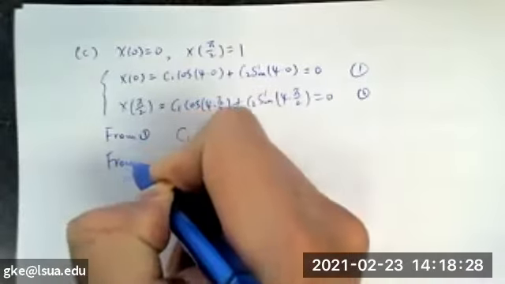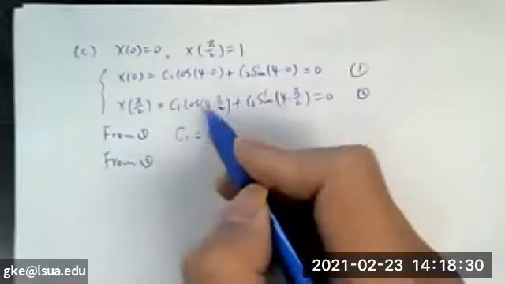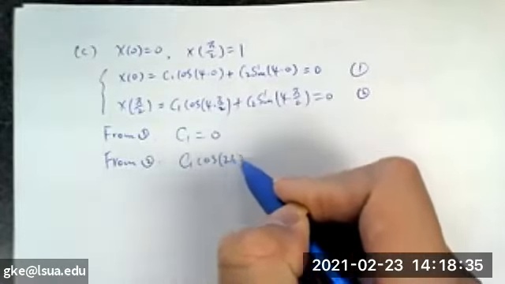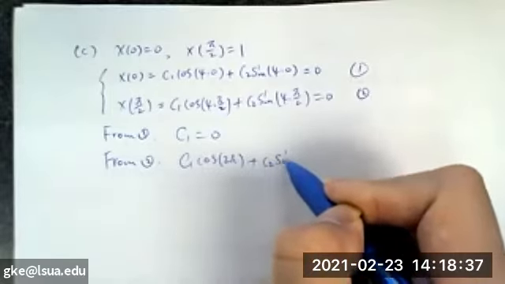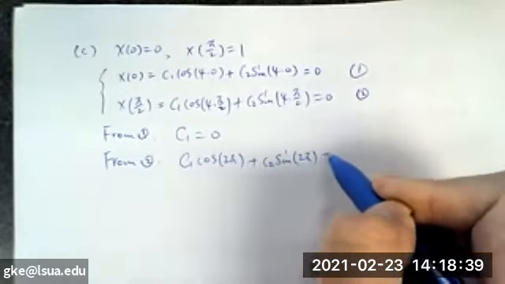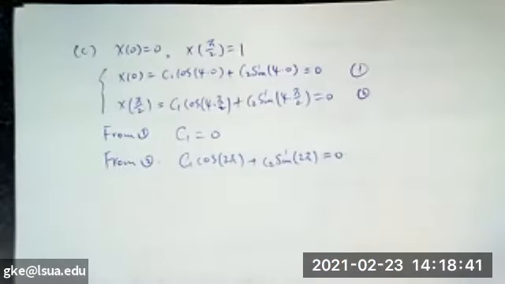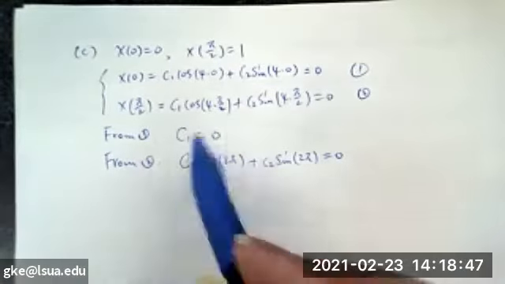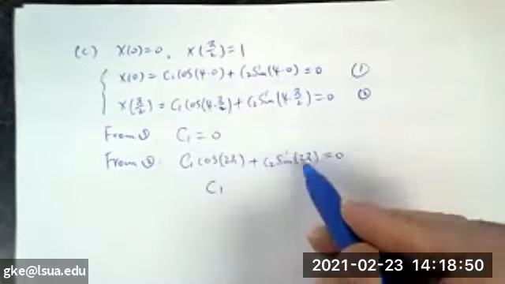Second condition, we have C1 cosine 2 pi plus C2 sine 2 pi. Okay, and as we can see, cosine 2 pi is 1, right?